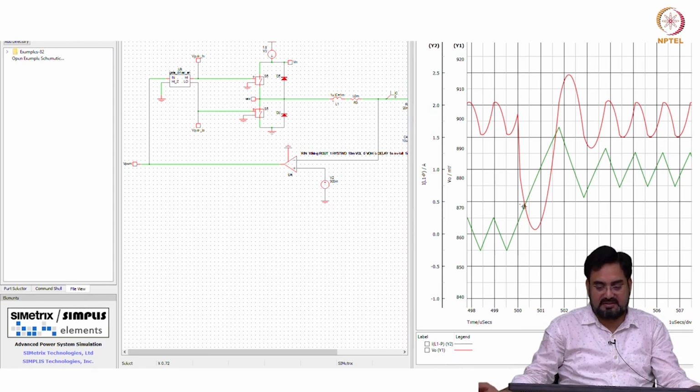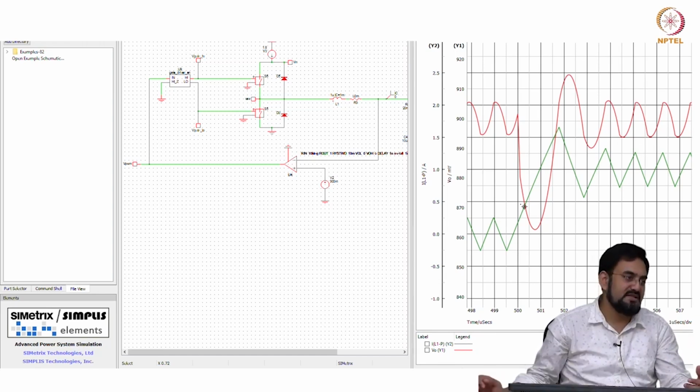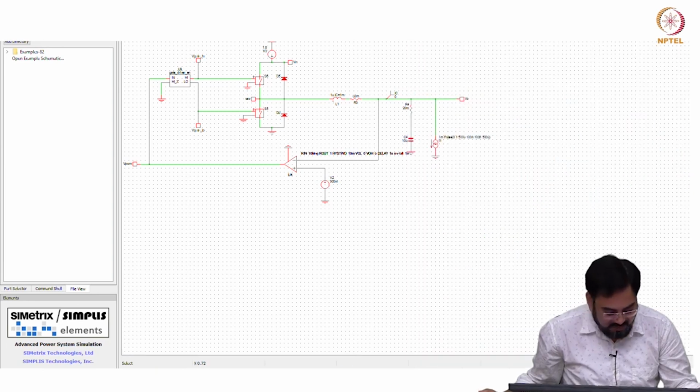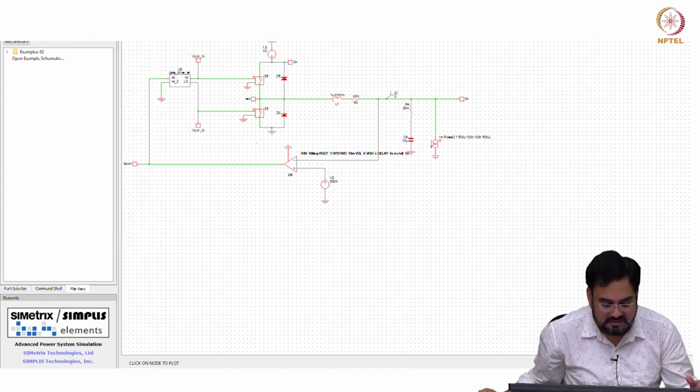So, that is the advantage actually. Your output will be limited by, if you remember, the slope of the inductor, you do not have any bandwidth limitation here, that is why you get a transient response. Good. So, now let us check the frequency.